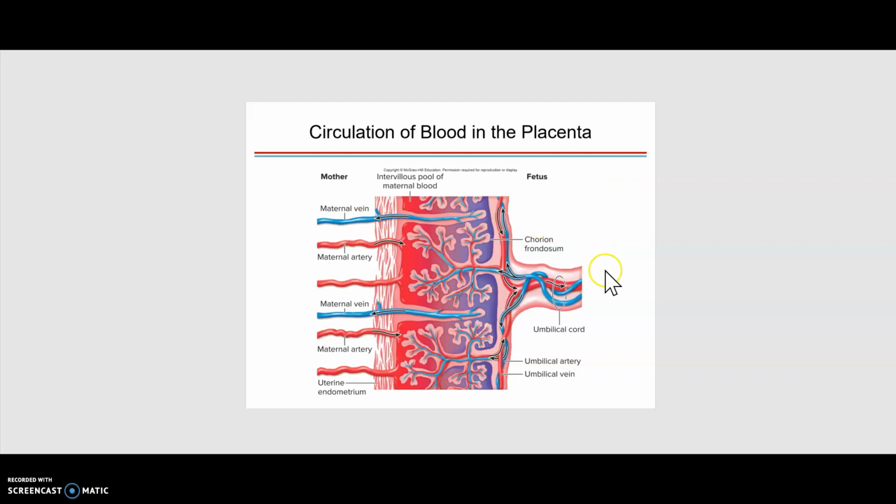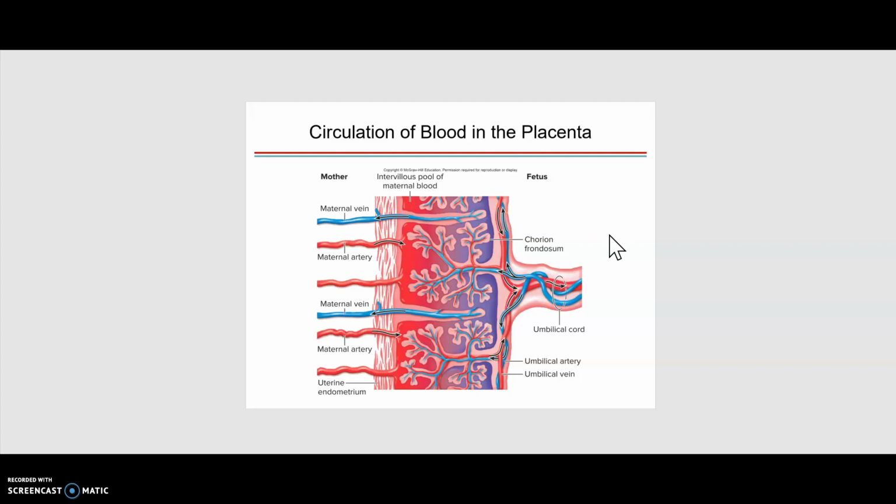Here is the umbilical cord. That's where it has the umbilical arteries: two arteries and a vein. Now, remember, cardiovascular: arteries are blood vessels that leave the heart by definition. Not all the time are they oxygenated, like the ones we talked about in the lungs, the pulmonary artery.